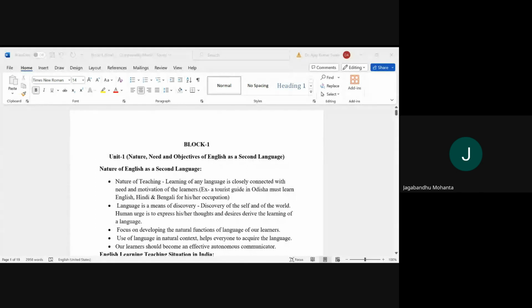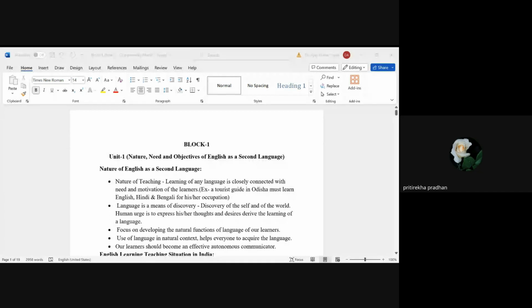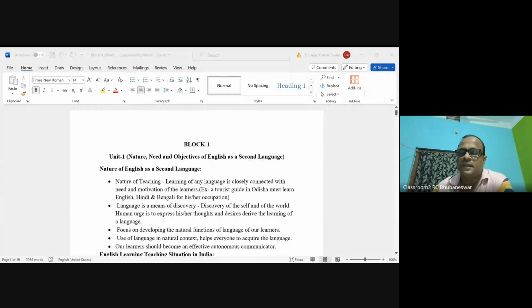It is also an associate official language. Remember this term, associate official language of our country. What is the official language of our country? Hindi. So, in addition to Hindi, our constitution accepts English as an associate official language.